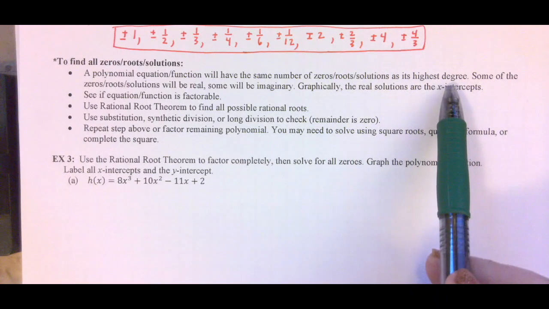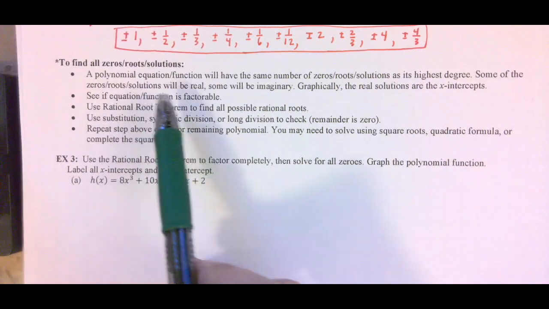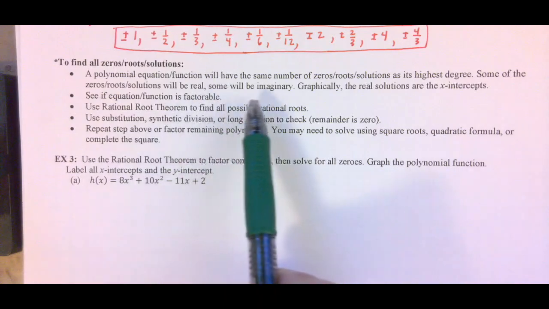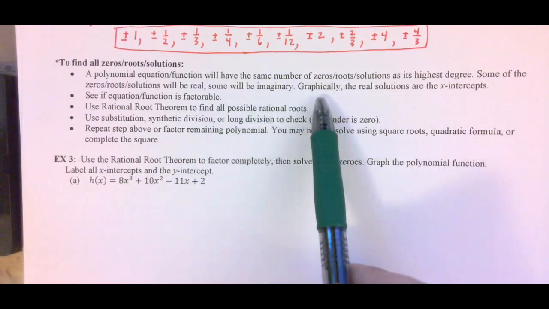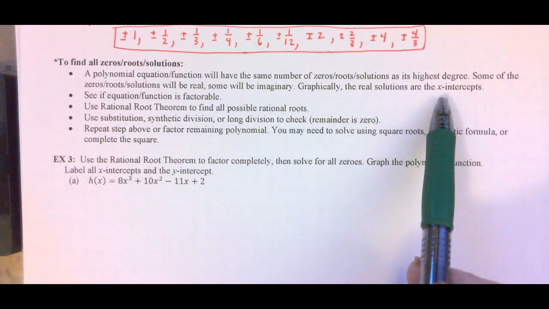So something cubic should have 3 total solutions. Some of the zeros or roots or solutions will be real, some will be imaginary. Graphically, the real solutions are x-intercepts, and that's really what we've shown you at this point.